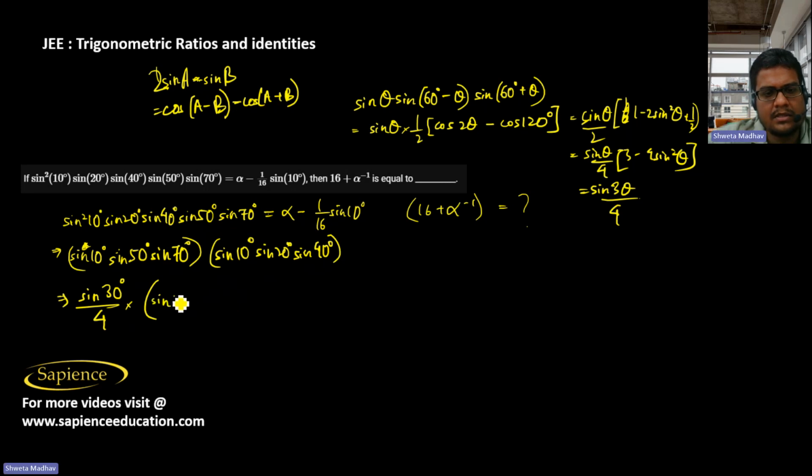So you can write sine 10 degree into sine 20 into sine 40. Again, I can write half into cos a minus b, that is 20 degree, minus cos a plus b, cos 60 degree.